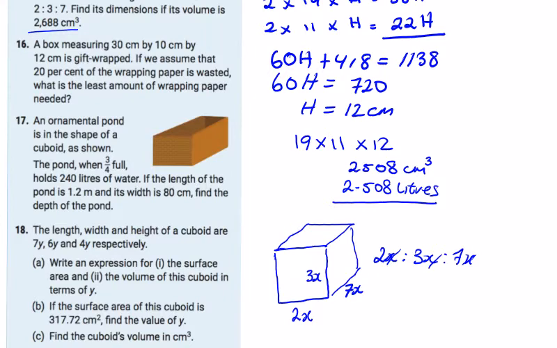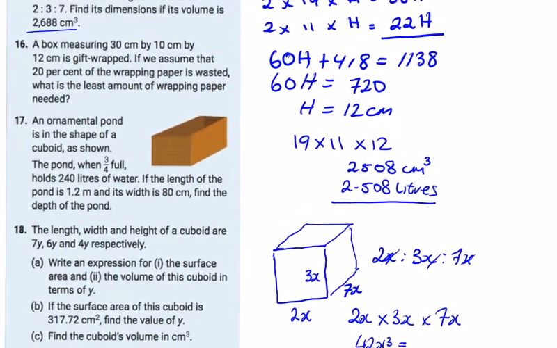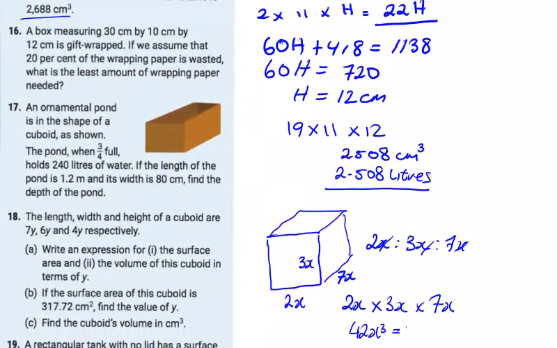So what have we got here? We can say that 2x by 3x by 7x, which is 6 by 7, 42x cubed, is equal to the volume of 2688.